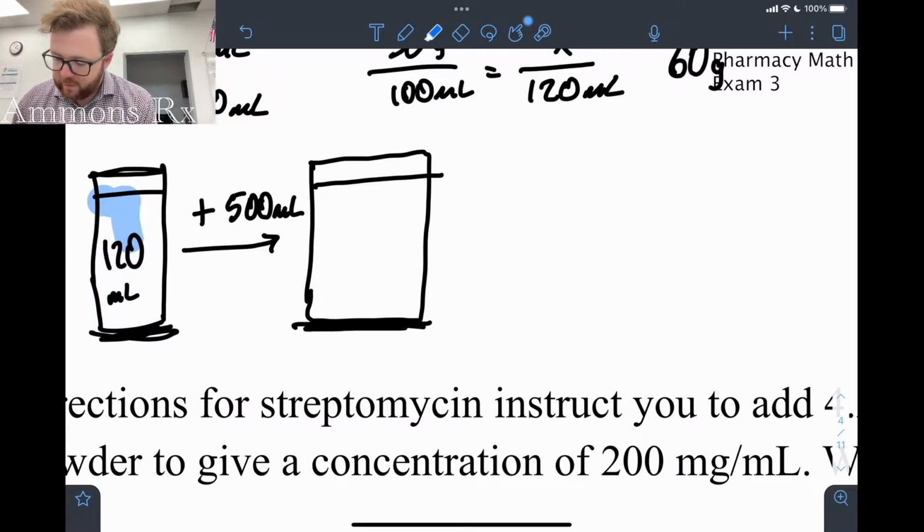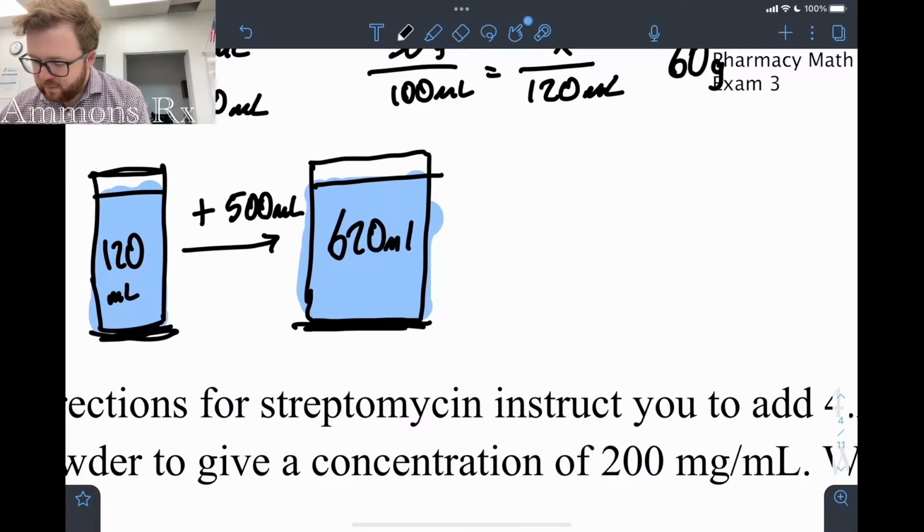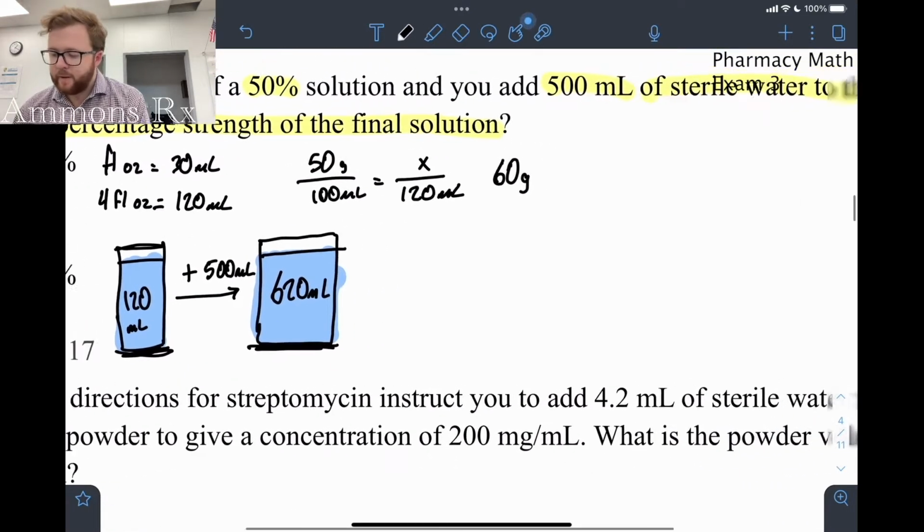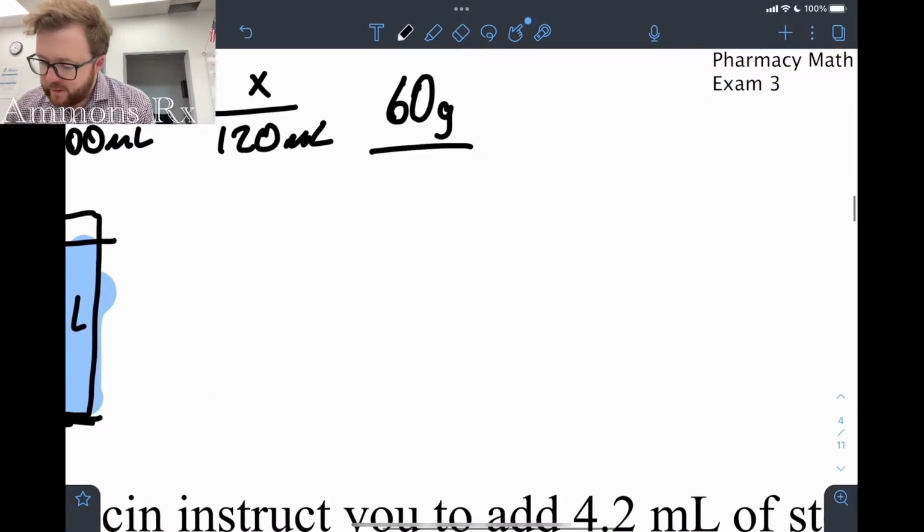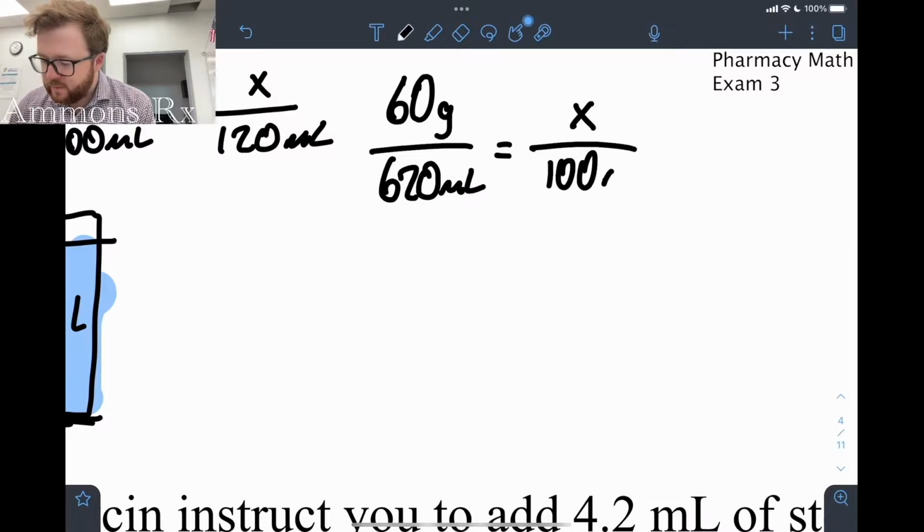I'm going to redo that. That was ugly. Okay. That did not just disappear. It actually got bigger, right? You are adding more water to it. So what is 120 plus 500? 620. Okay. So now our 60 grams of drug is in 620 mils. We need to know what percentage that is.